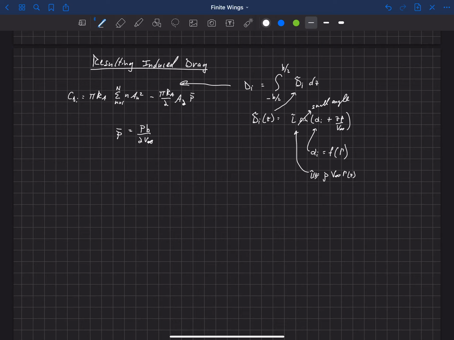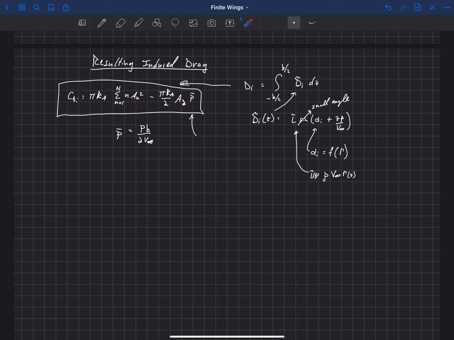That's how we non-dimensionalize our rolling rate. But anyway, this is now our new induced drag relationship that includes the effect of rolling rate, and it depends on A2. It turns out that the only difference here is that we have an additional dependence on the second Fourier coefficient, multiplied by p bar.